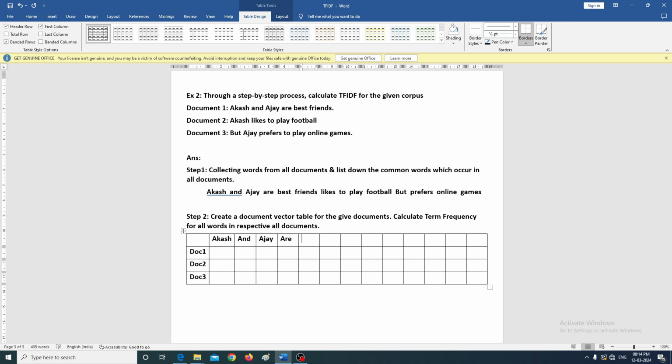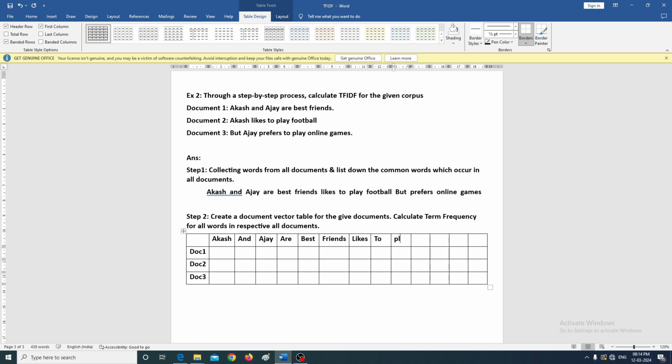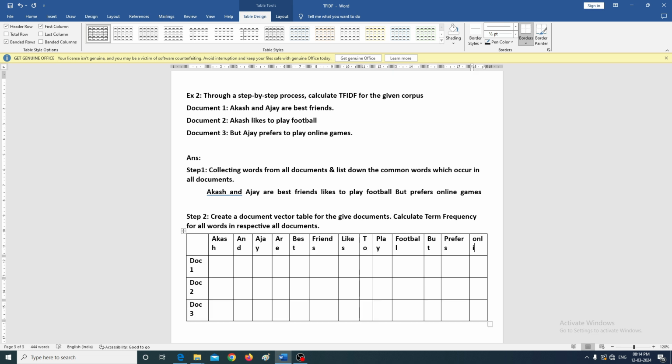Next are best, friends, next likes, next word to, next play, next word football, next word but, next word prefers, next word online.